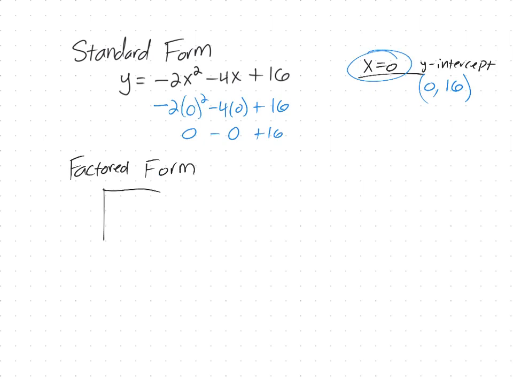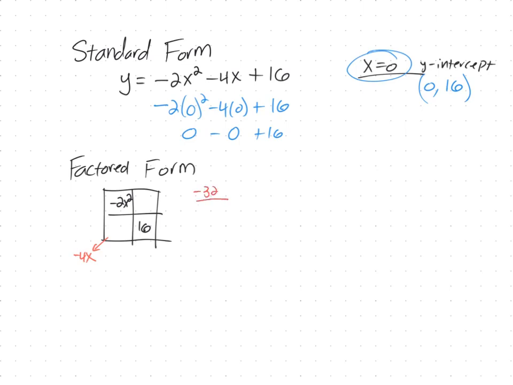Remember, we've got the box, and we're going to think about two things. We've got the 2x squared, and we've got the 16, and we're thinking of things that add up to negative 4x, but also multiply to, what is it? Negative 2 times 16 is negative 32. So things that multiply to negative 32.